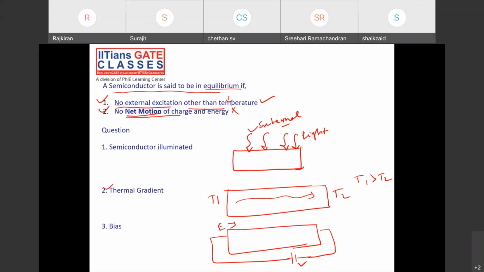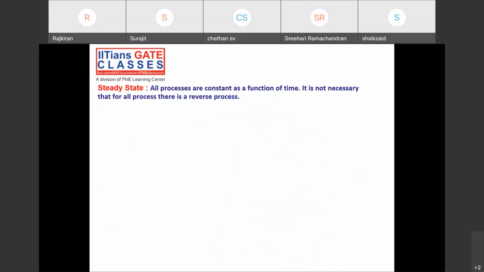So then what is steady state, guys? It means all processes are constant as a function of time. It is not necessarily that for every process there is an inverse process. Steady state means, suppose from point 1 to point 2, 100 electrons per second are moving.